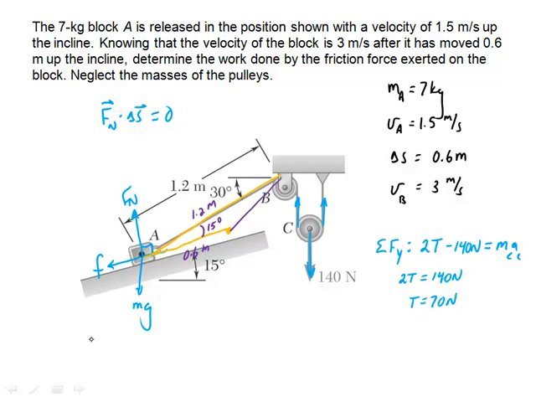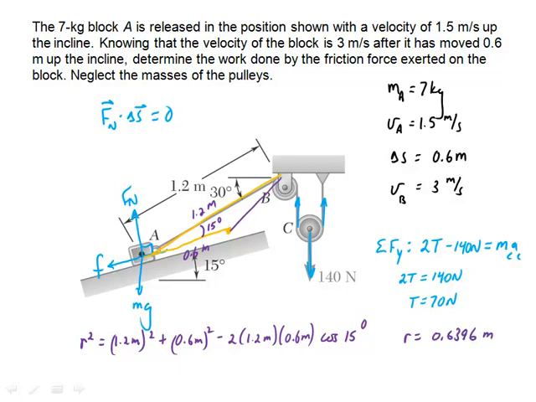And so the new length of the cord, which I'll just call r squared, is equal to 1.2 meters squared plus 0.6 meters squared minus 2 times 1.2 meters times 0.6 meters times the cosine of 15 degrees. And so r is equal to 0.6396 meters.